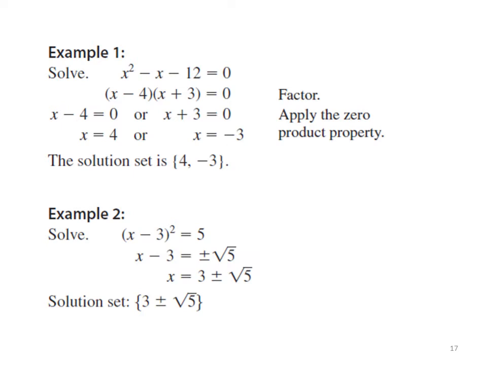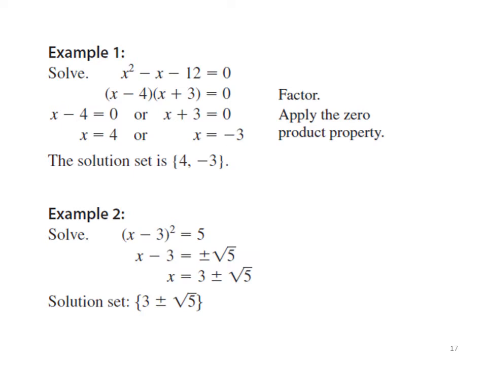You can factor this equation into the product of the two factors x minus 4 times x plus 3, that's equal to 0. You can always check: if you multiply those two terms, you should get x squared minus x minus 12. Now you can apply the zero product property.